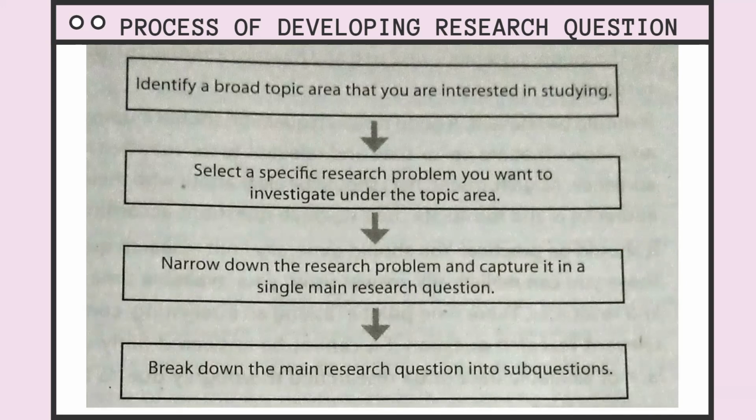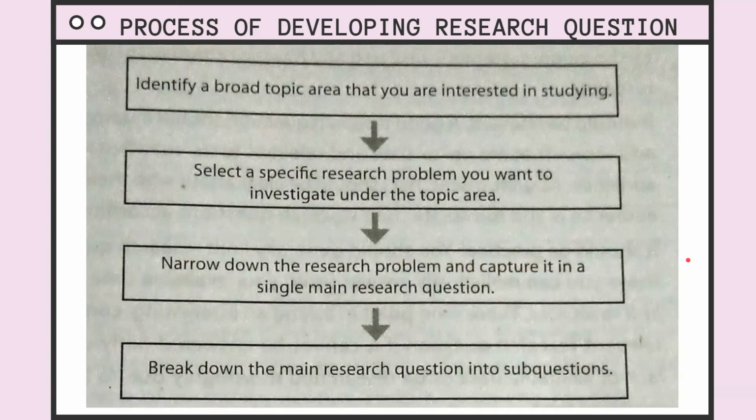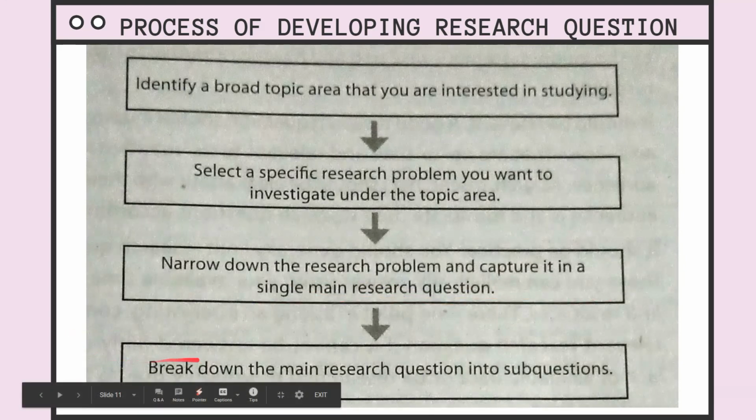Now you're going to formulate a main research question, and then after that you are going to break down the main research question or the main research problem into sub questions, which are the specific research questions.